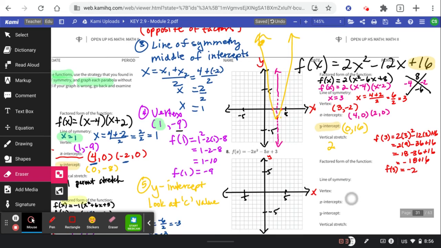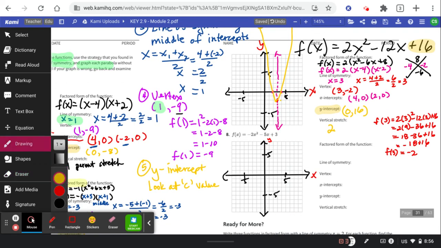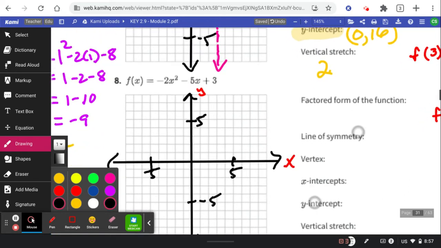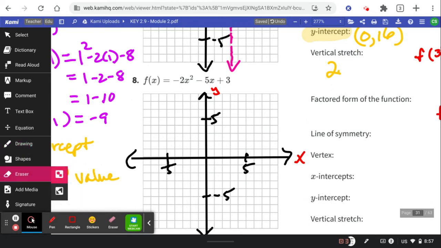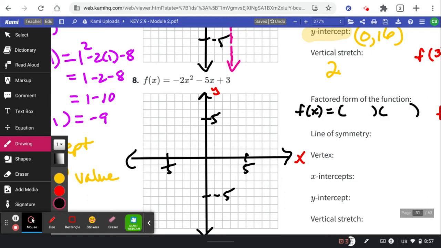All right, last one. Okay, factored form. Now looking at this one, can we divide a 2 out of everything?